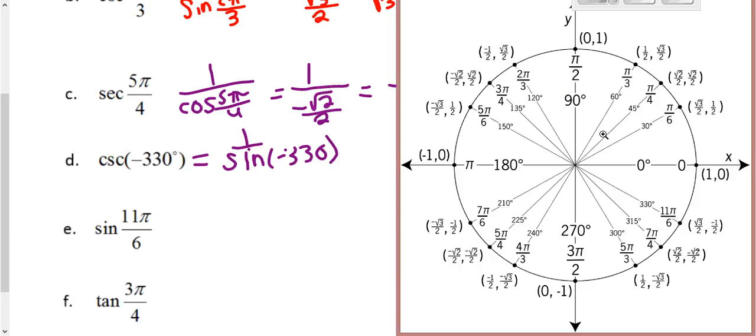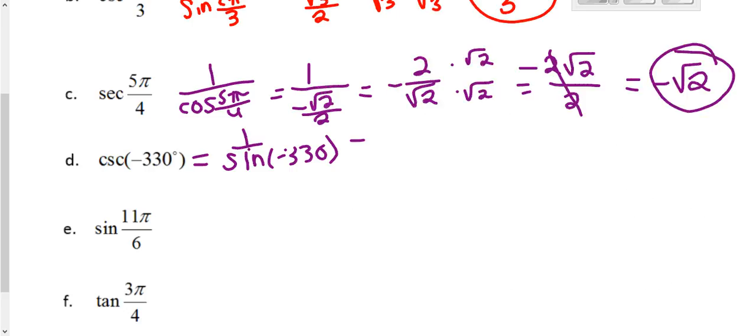So if we look at this unit circle, 330 is down here at 11 pi over 6. If that's forwards all the way around your unit circle except for 30 degrees, then going backwards means we go back to 0 and go this way all the way around our unit circle except for 30 degrees. So there we are, we're at 30 degrees. So the sine of negative 330 is the same thing as sine of 30.